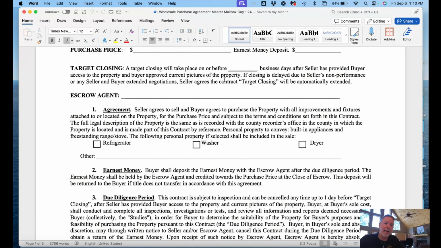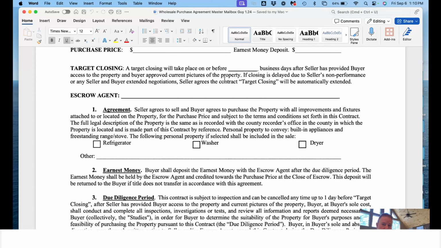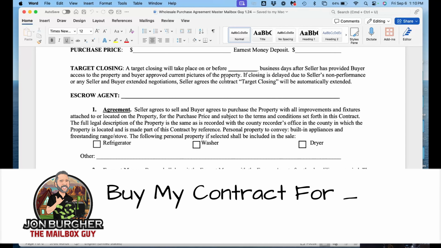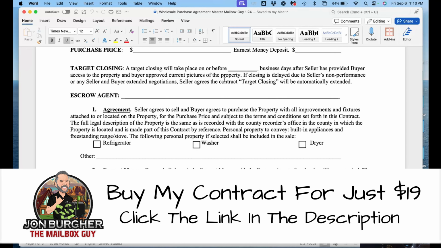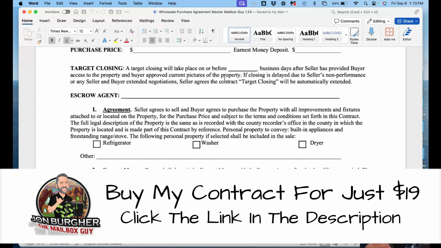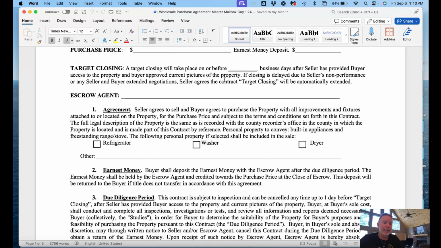The countdown doesn't start until we have access and pictures. If the seller can't provide pictures, we'll hire a photographer to go out and get them. Once those are in, your timeline starts.